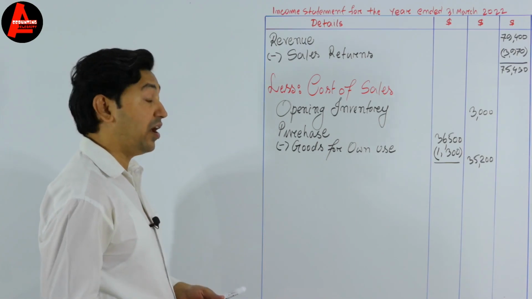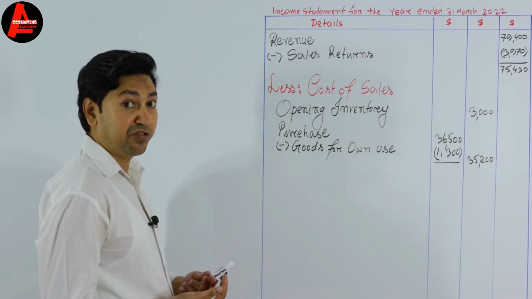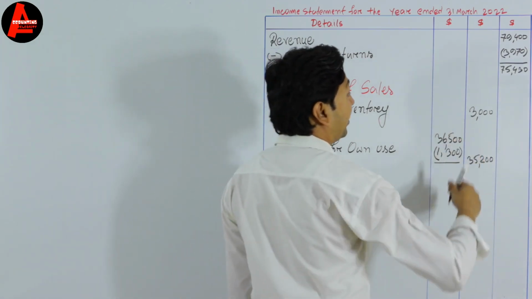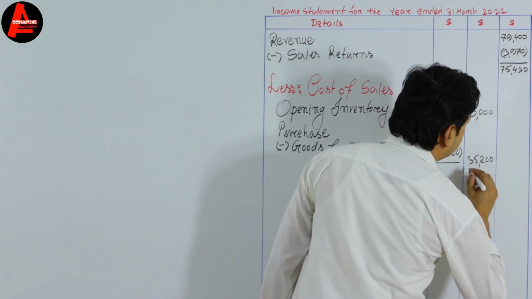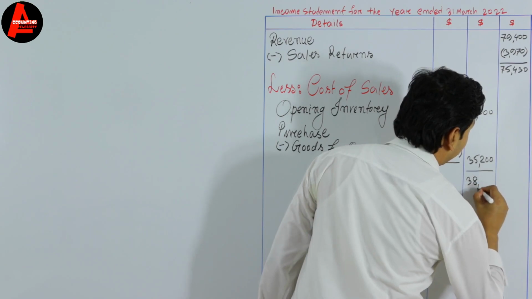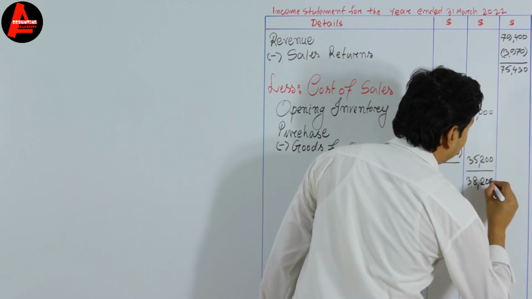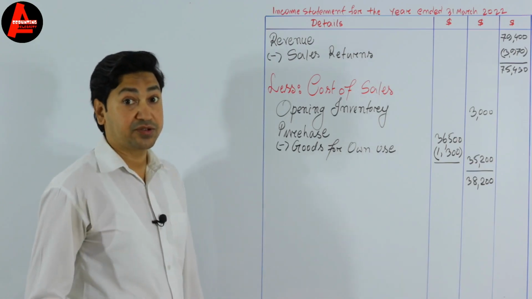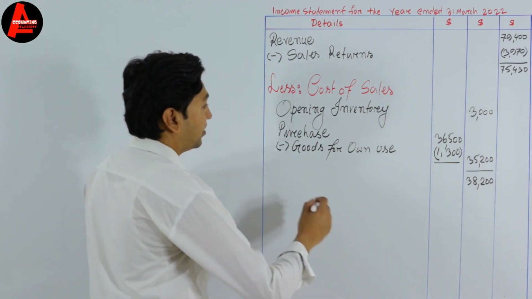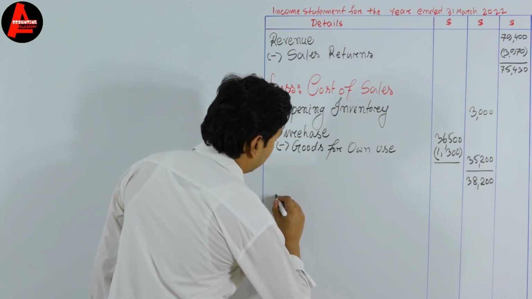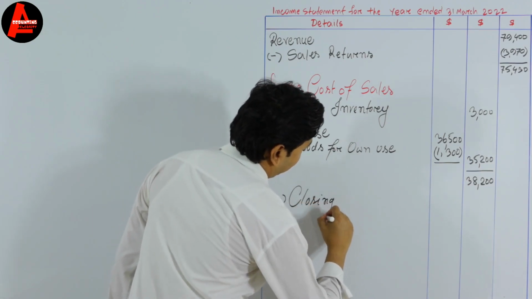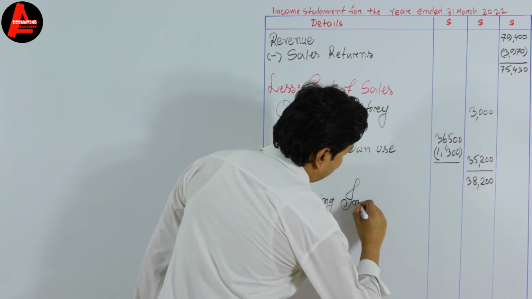Then we have closing inventory, right? Before we write closing inventory, let us add purchases to the opening inventory. What is our addition here? We get $38,200. Now we will subtract our closing inventory from this addition. So let us write here less closing inventory.